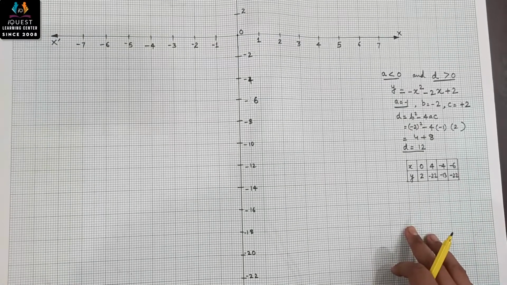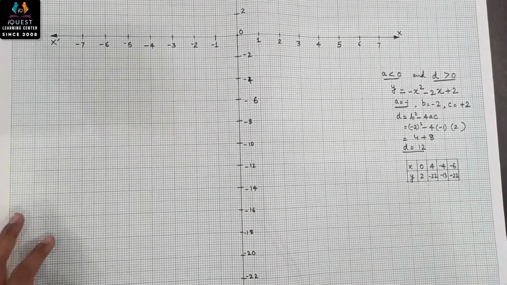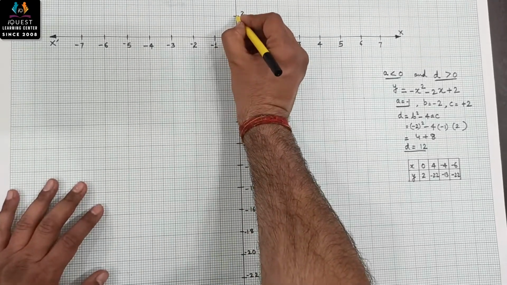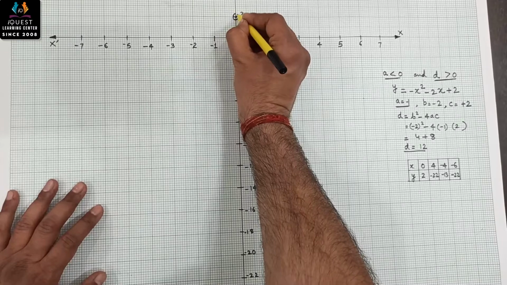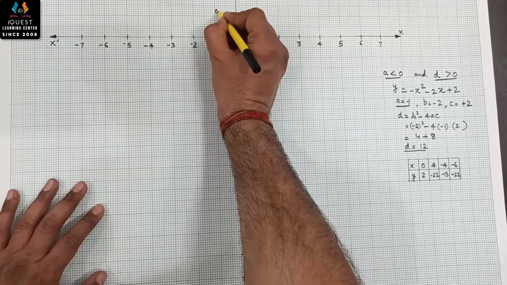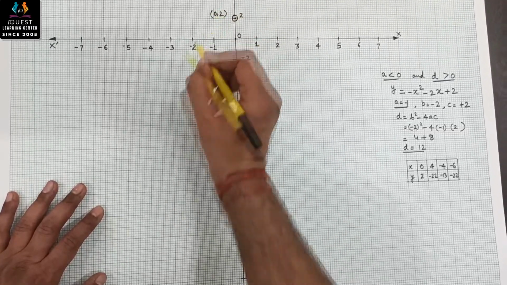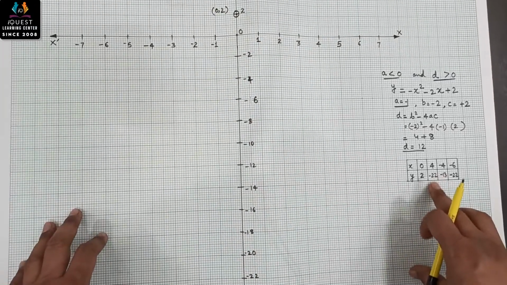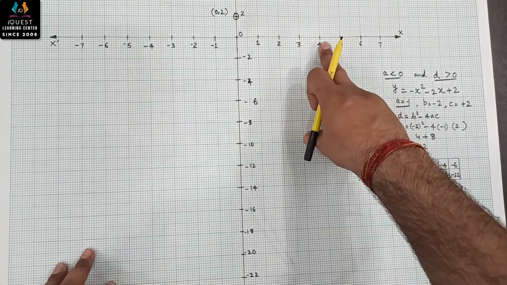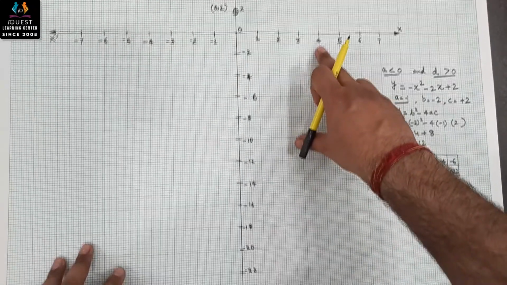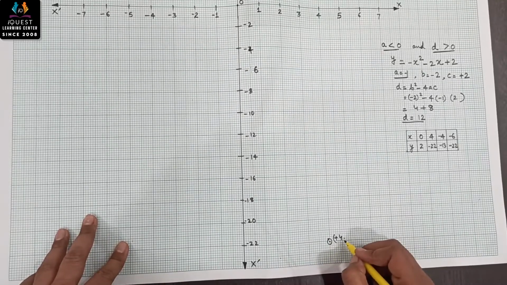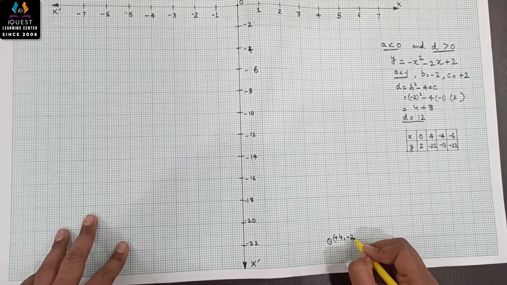Now let's draw the graph using these values where x is equal to 0 and y is equal to 2: (0, 2). Next value is where x is equal to 4, and y is equal to minus 22: (4, -22).